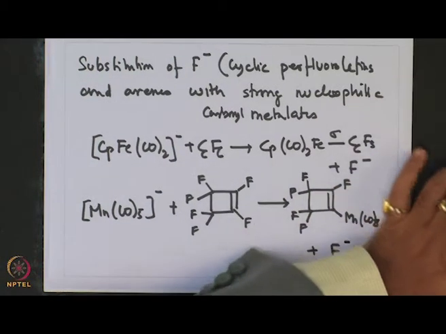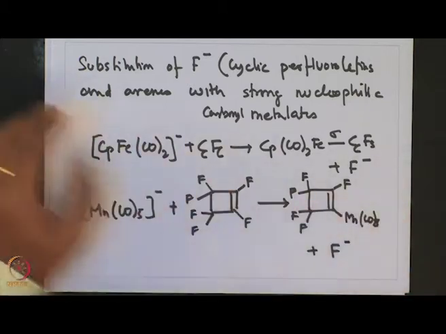With this, let me summarize what we have been discussing in today's lecture. We have looked into an interesting class of compounds called perfluoroalkyl transition metal complexes. We have looked into their exceptional stability.